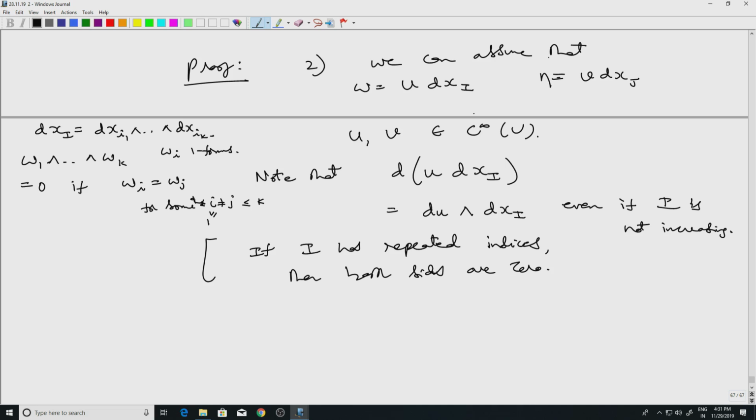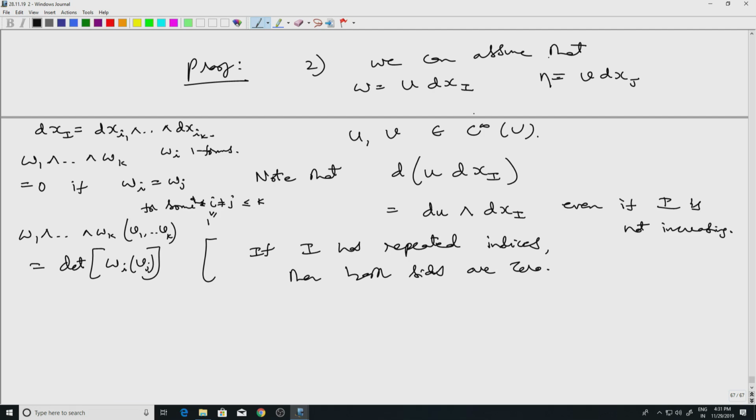So if two of these indices coincide, then the wedge product will be 0, and one can see this in a couple of ways. One is, we already had a nice expression for what this is in the vector space setting. We know that this is det of omega_i(v_j). And if omega_i equals omega_j, then two rows of this matrix will be the same.